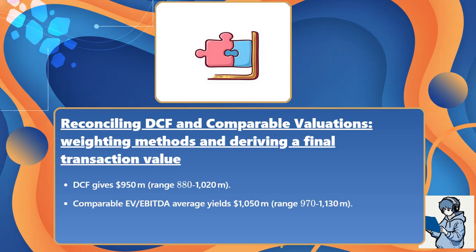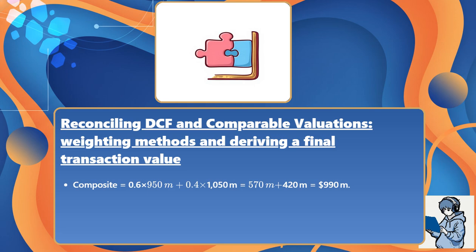Comparable EBITDA average yields $1,050 million, range $970 million to $1,130 million. Assume a 60-40 weighting, DCF higher confidence. Composite equals 0.6 times $950 million plus 0.4 times $1,050 million equals $570 million plus $420 million equals $990 million.